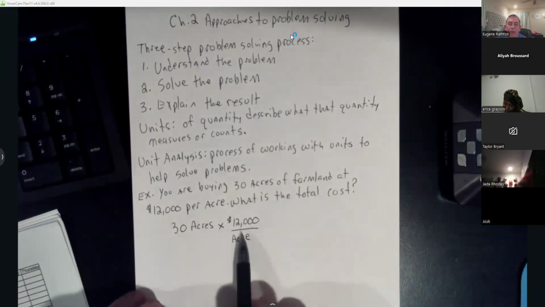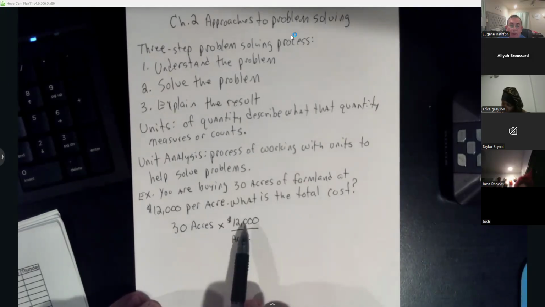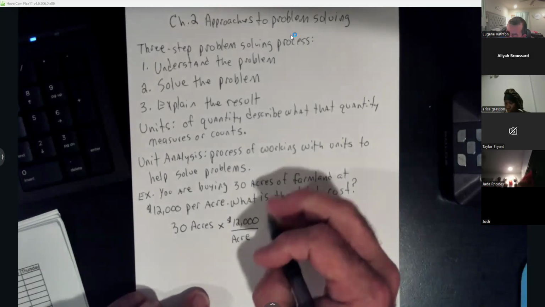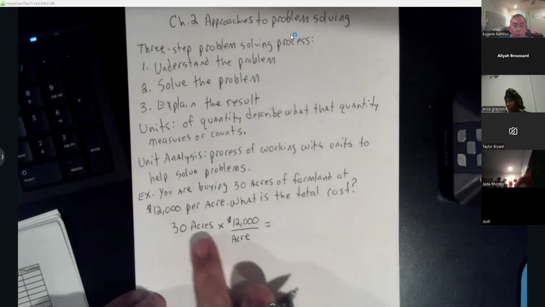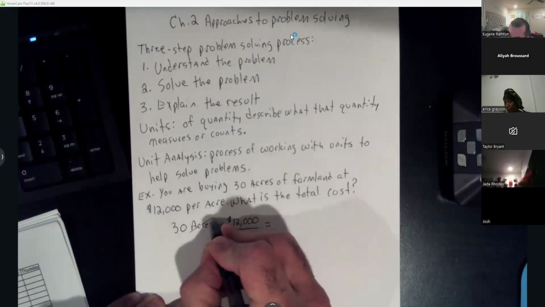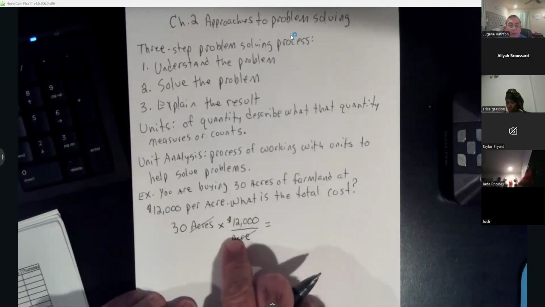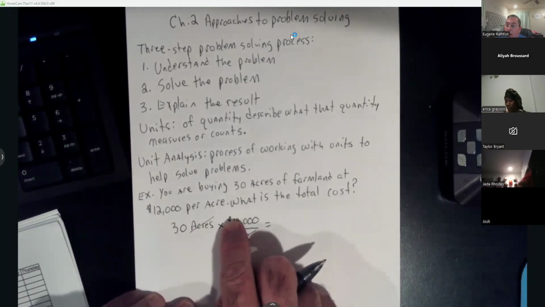So per means you're dividing, okay? So when they say 12,000 per acre, we set that up like division. But y'all notice what happens when you do unit analysis like this. These acres here cancel with the acres there, so that my final answer will be in dollars.